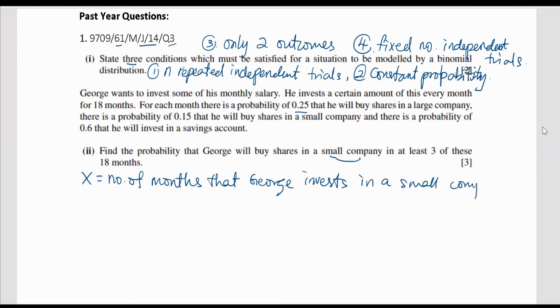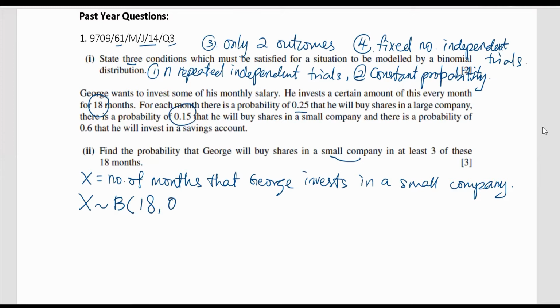Does X follow a binomial distribution? Yes. Why? First, there is a fixed number of independent trials, 18 months. And second, there is a constant probability given by the question, 0.15, that he will buy shares in a small company.